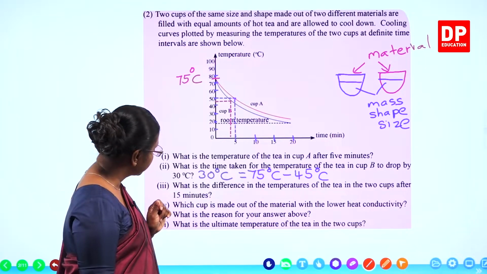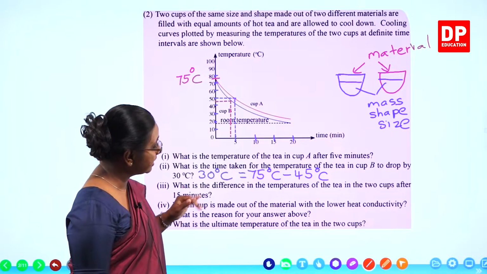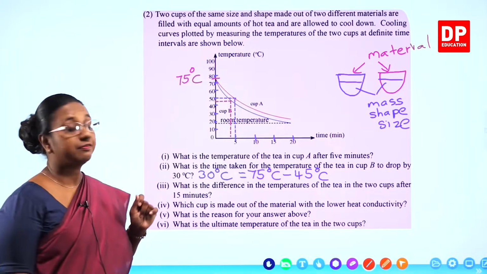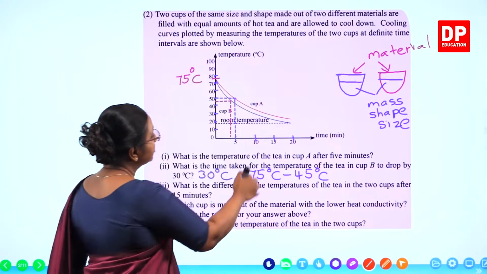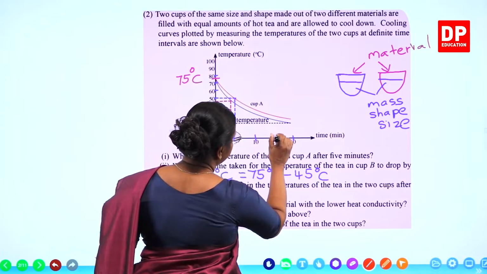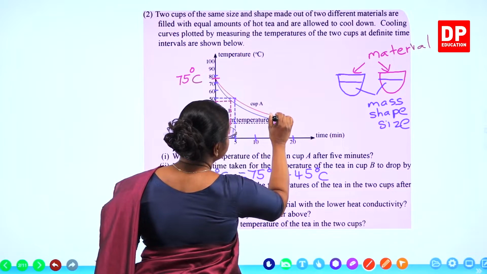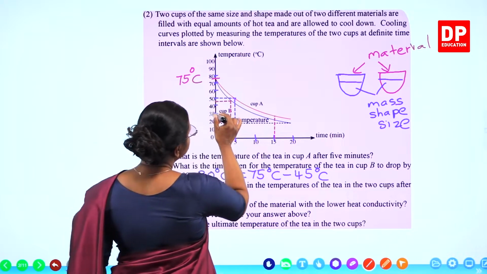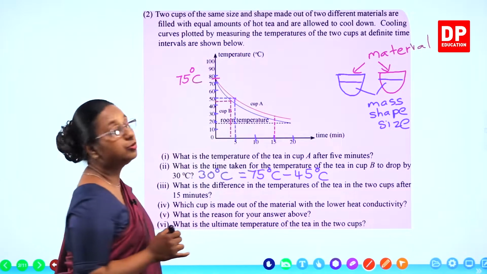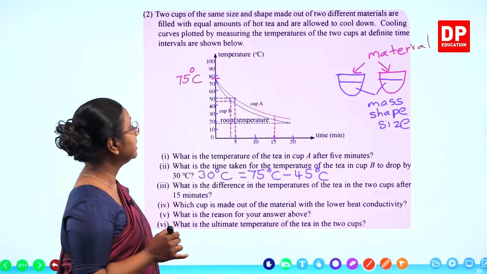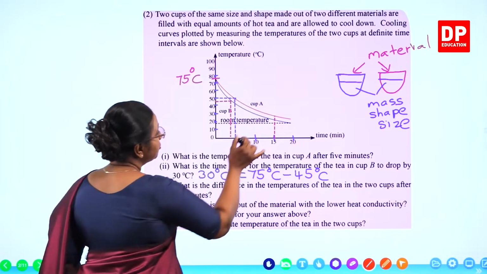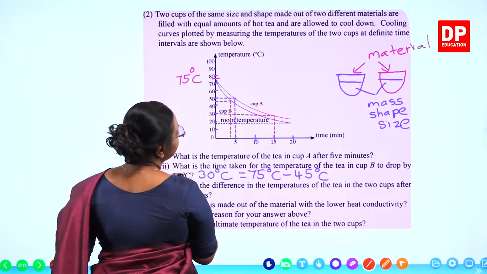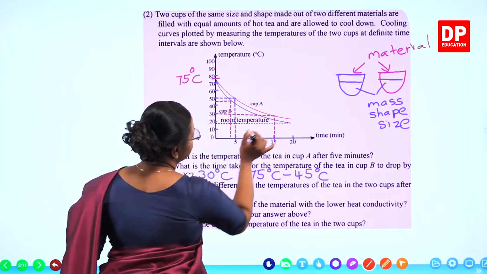Then the third question, what is the difference in the temperatures of the tea in the 2 cups after 15 minutes? So that is going to be at this point. Again we have to draw 2 lines and get the temperature difference. From cup A, if we draw one line, that is about 30 degrees Celsius.